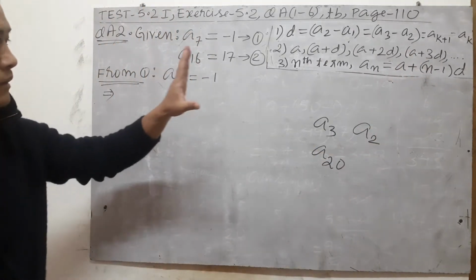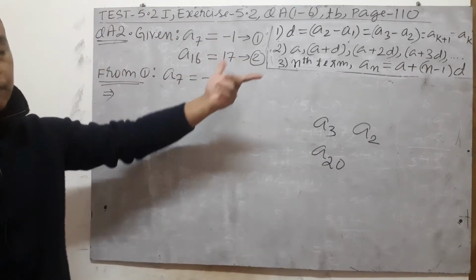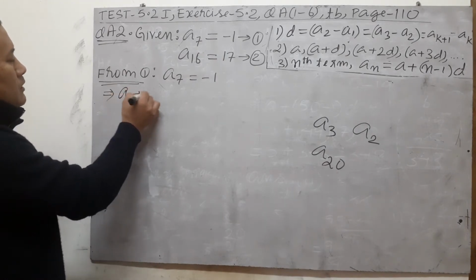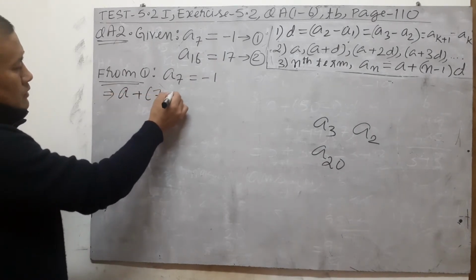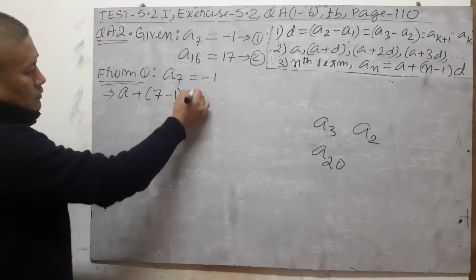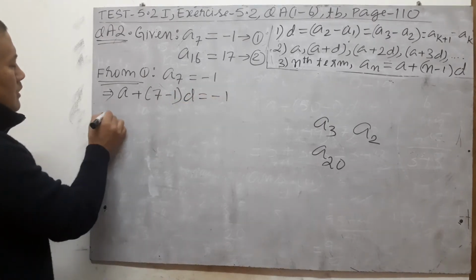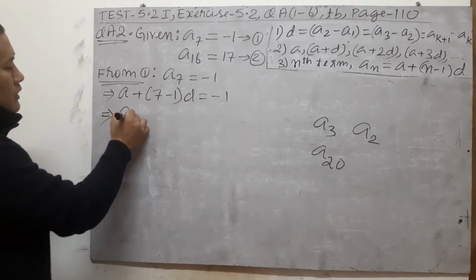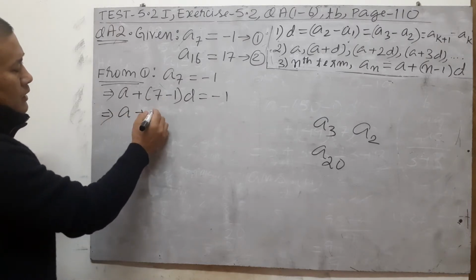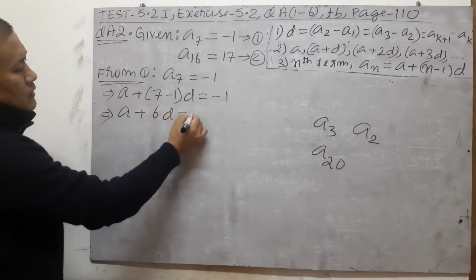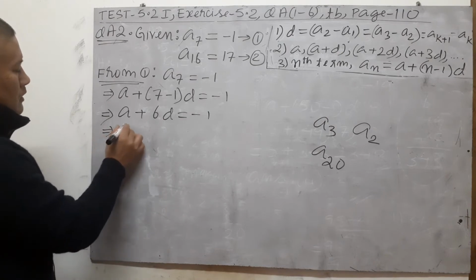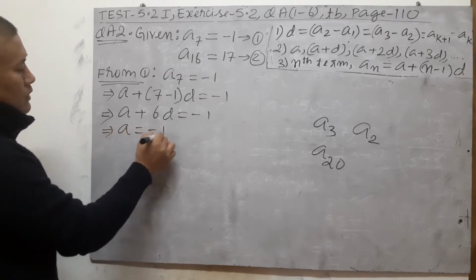So A7, applying the same formula, we will be getting a plus n specific is 7, so n minus 1, 7 minus 1 into d equal to -1. And the first term value we don't know yet, plus a plus 7 minus 1 is 6, so 6d equal to -1. Now let us shift this here, -1.